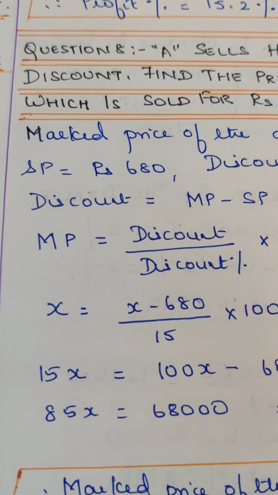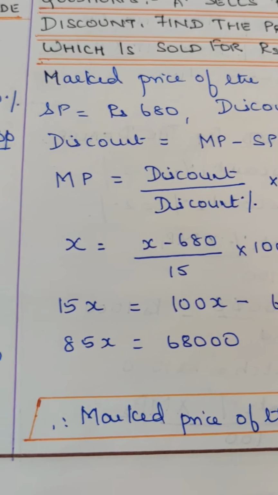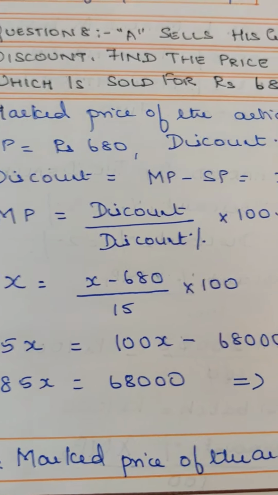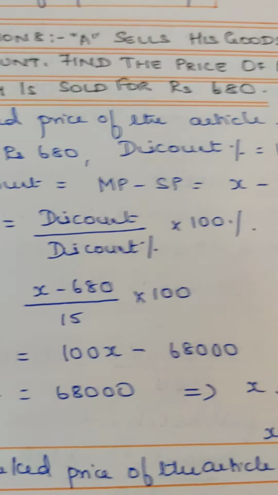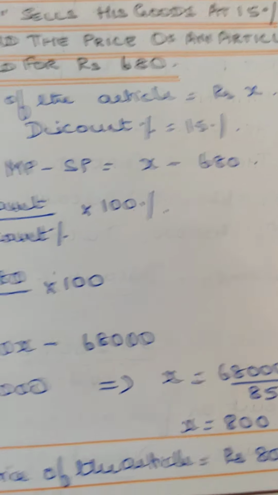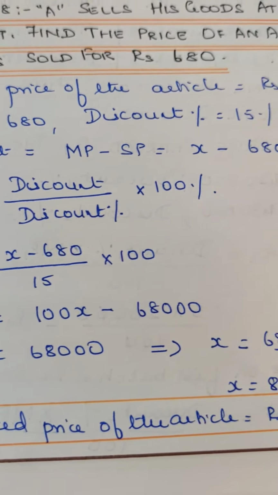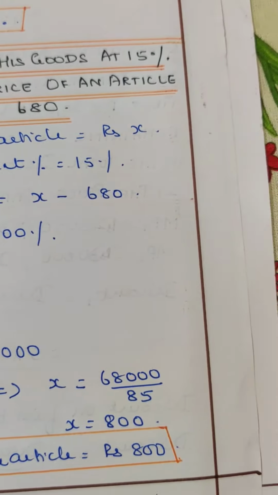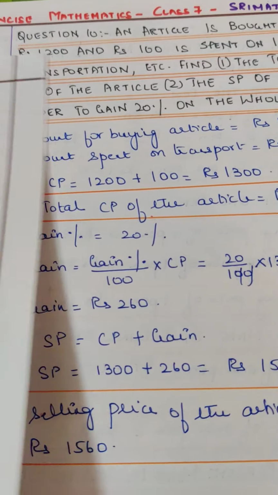Therefore, 85X is equal to 68,000. That is X is equal to 68,000 by 85. That is X is equal to 800. Therefore, the mark price of the article is equal to rupees 800. Hope this is clear.